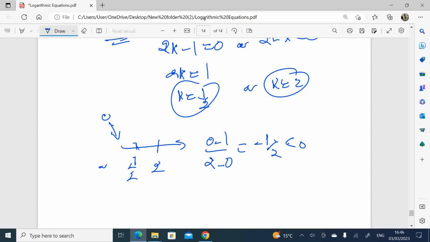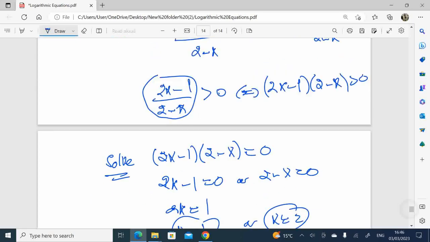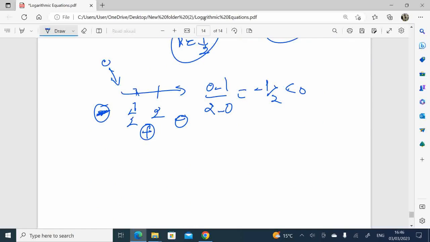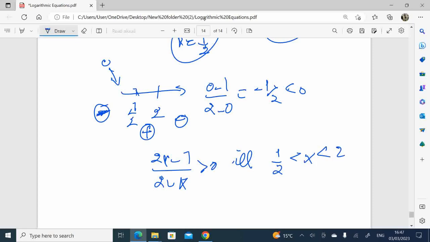So here it's going to be negative, here positive, and here negative. Now I need the sign to be positive. So (2x−1)/(2−x) is positive if and only if x is between 1/2 and 2. So this is the solution for the second condition.